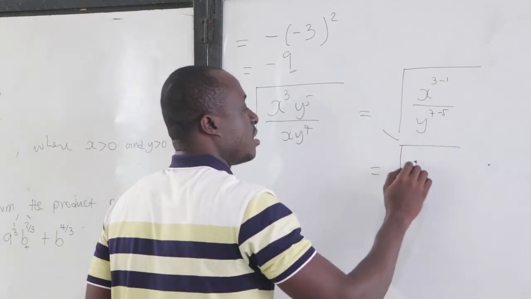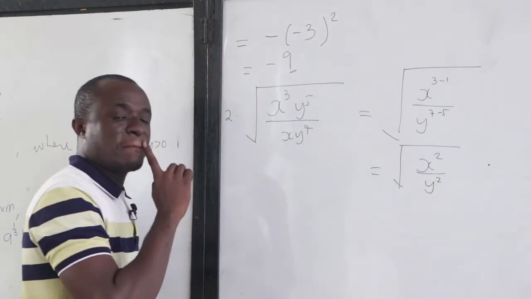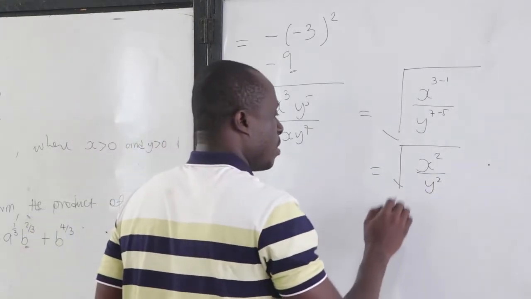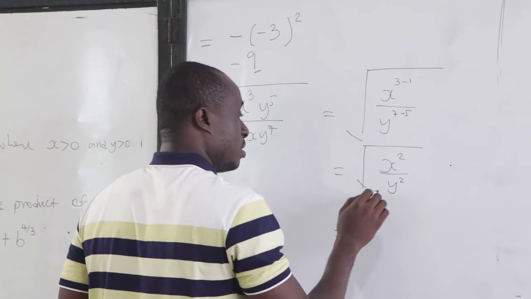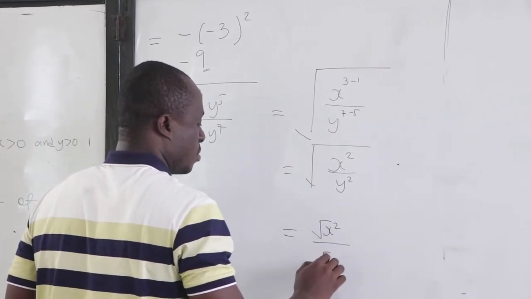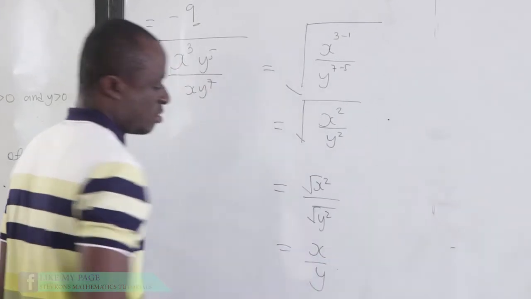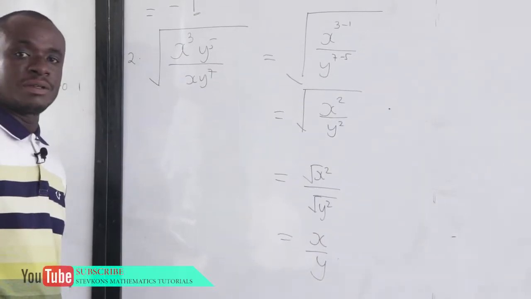This is x to the power 2 all over y to the power 2, which is the same as root x squared all over root y squared, all over x over y.